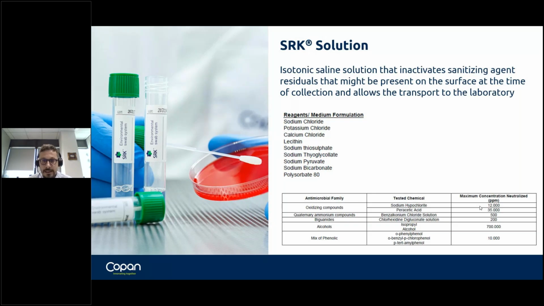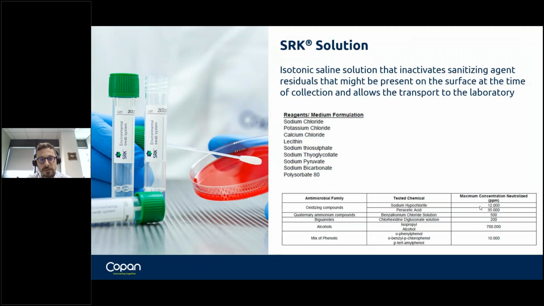SRK solution, as said before, is an isotonic minimum non-nutritive medium and contains lecithin and polysorbate 80 for the inactivation of chemicals. In the table at the bottom of the slide, you can see the different types of chemicals that we tested and also the concentration that the device is able to neutralize.